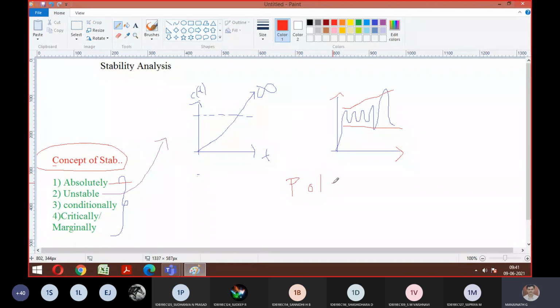There are words called poles and zeros which come under this module that we'll discuss later. Just underline this word, closed loop poles in the right half of the S plane. So the meaning is this simple.